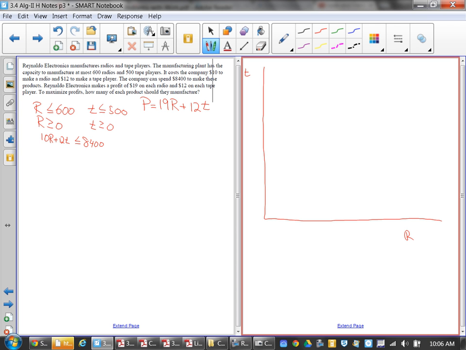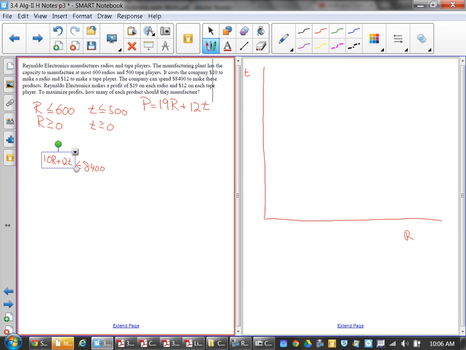What I was talking about earlier, by placing the most ugly of the equations first, it's easier because it might be easier to scale everything. In this one here, what is your R-intercept? 840.